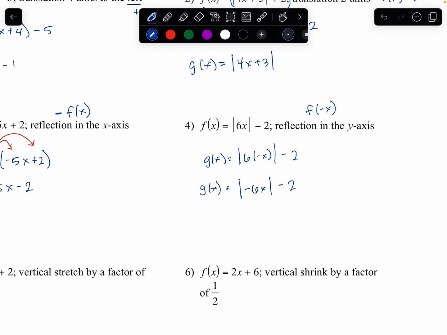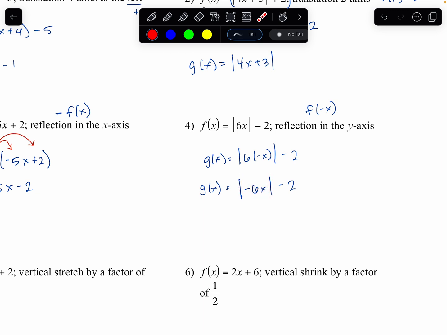But just to bring back the whole idea right here, think about it like this. If that's a negative inside this absolute value, and we're not adding or subtracting anything, so if I plug in negative 1, then this will become 6, and the absolute value of 6 is 6.